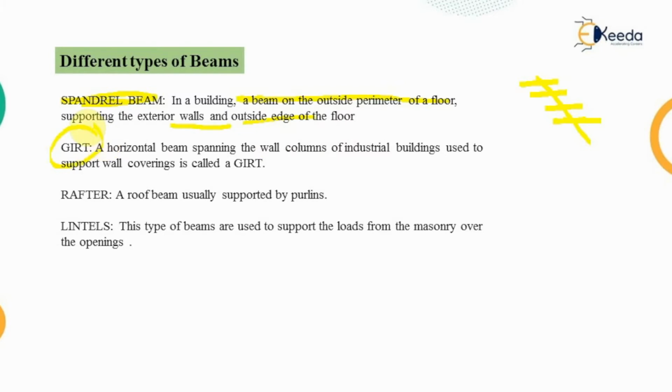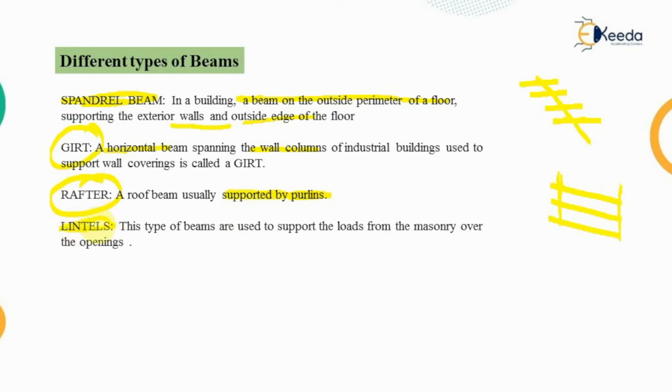While this type of beam, known as the girt, is a horizontal beam spanning the wall columns. That means it is provided in case of industrial buildings. That is the important classification, and they run from column to column. So in this manner, the beams will be running from column to column. A rafter, as we have seen, is a beam supporting or supported by the purlins.